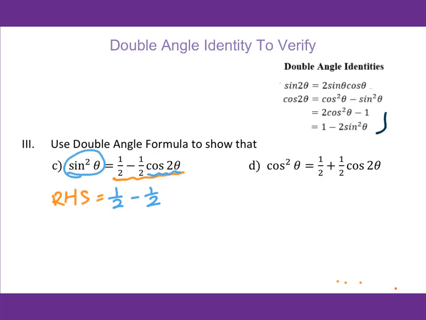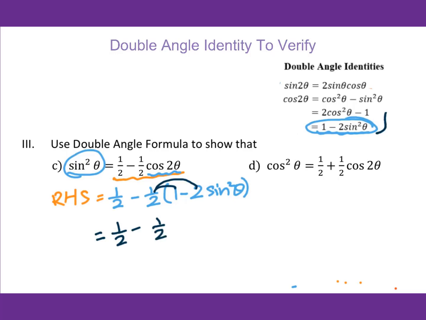We are looking for sine squared theta. So check this formula. We are supposed to use this one because this formula includes sine squared theta. That's how I change cosine 2 theta into 1 minus 2 sine squared theta. Then 1/2, we do the distributive property, minus 1/2.